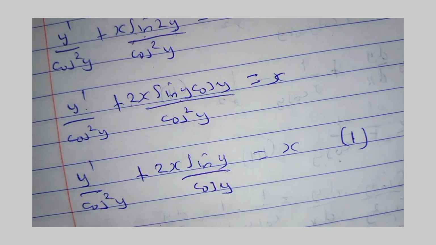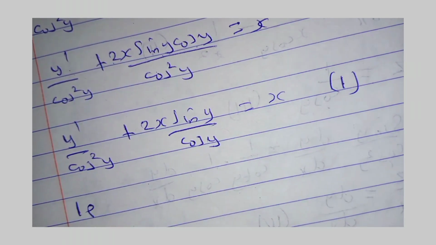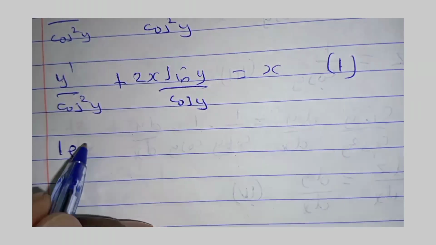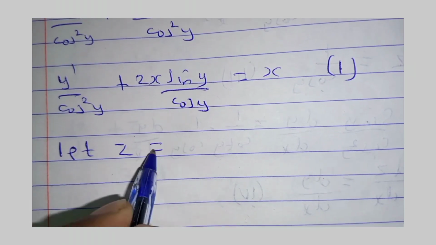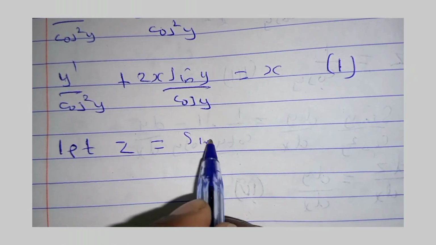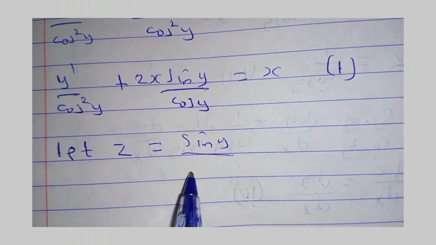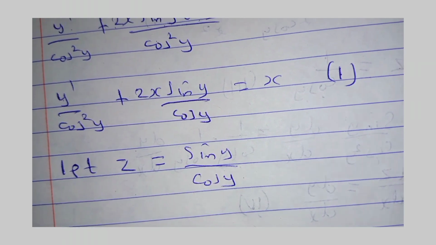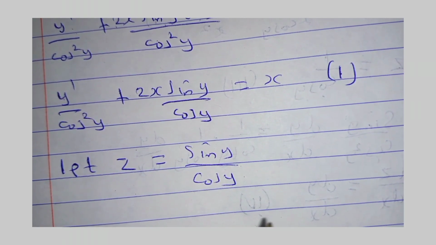Then we are going to let our z be equal to sine y over cos of y. Then we differentiate that equation in both the sides. So you can call this 2.